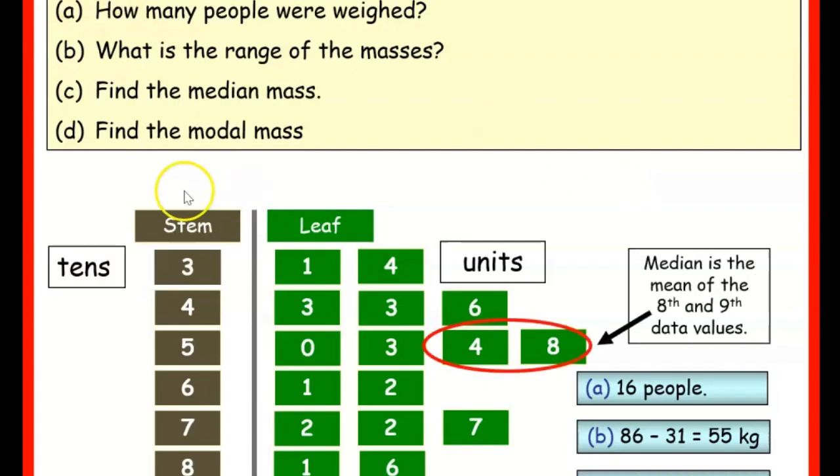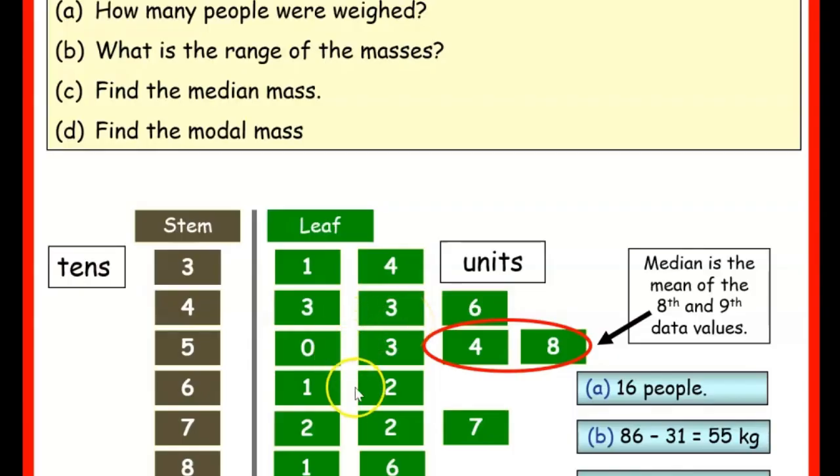Now we go to the last one. Find the modal mass. The modal mass will definitely be the one that appears most. Let's see if there's a number that does, or do we have bimodal? Which one appears mostly here? Here we have 72, 72. Here we have 43, 43.